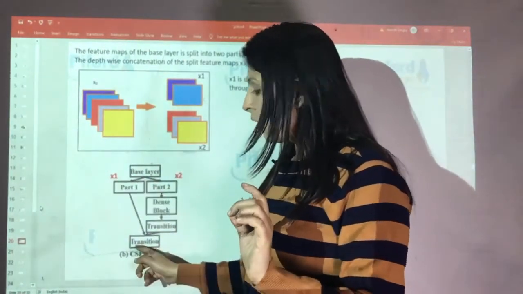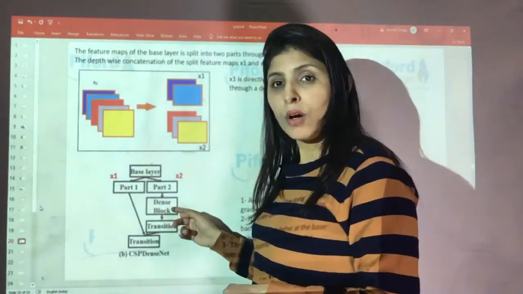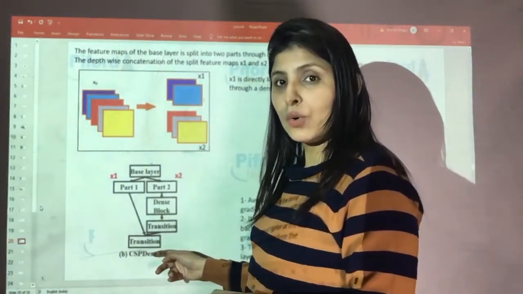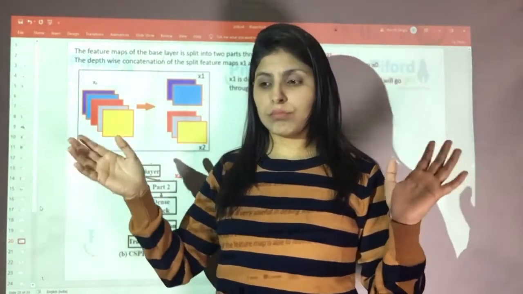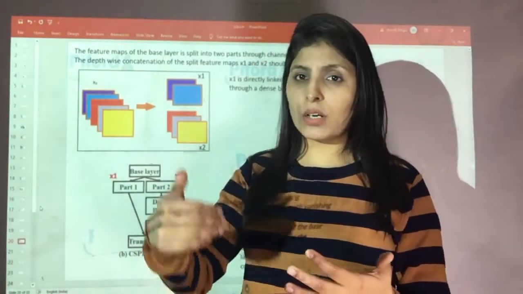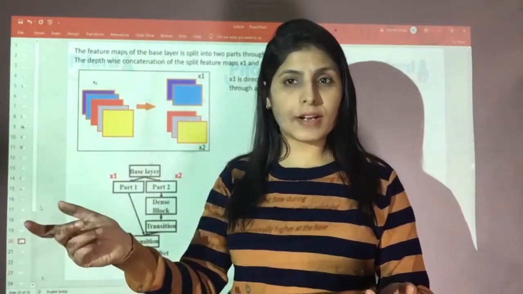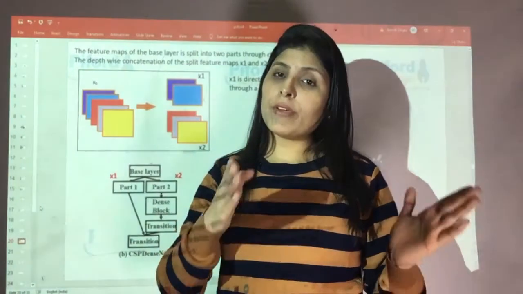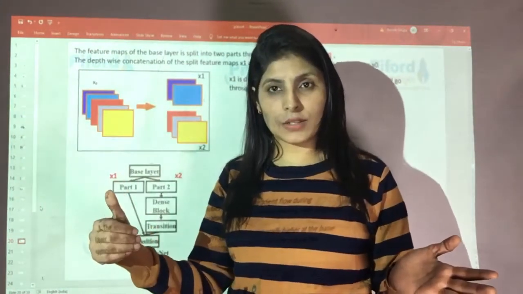One part will go directly like this, and other part will go through a dense block. This dense block and transition, and then will get concatenated over here. And dense block simply means a group of convolutional layers which are connected with each other, and each convolutional layer will have batch normalization and ReLU activation function, right?